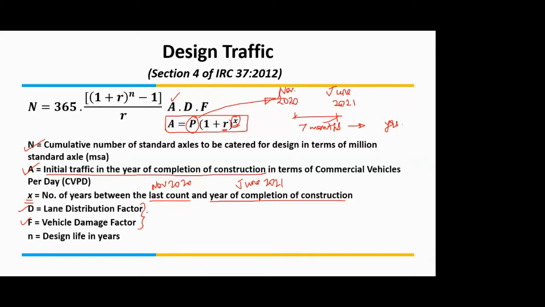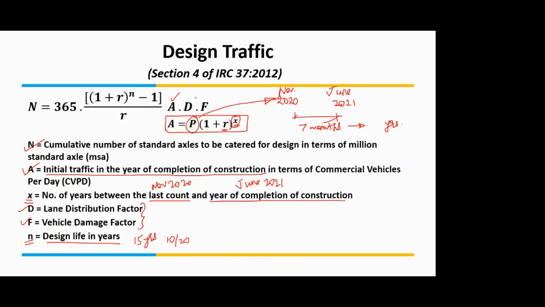That is, what is the lane distribution factor and what is the vehicle damage factor. And this last term, small n, is nothing but the design life in years. We have seen that flexible pavements are generally designed for 15 years. This is not a hard and fast rule, but generally they are designed for 15 years. It can also be 10 years or 20 years. So whatever the design life is, you have to take it in this formula.